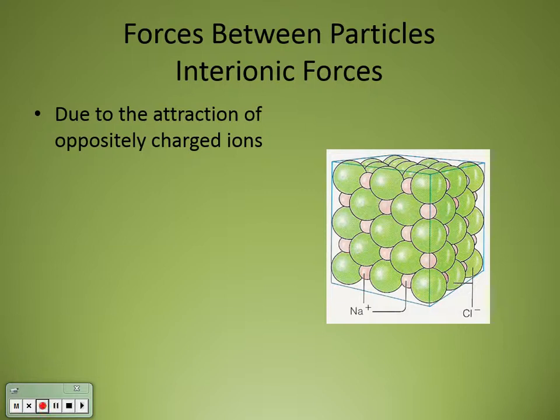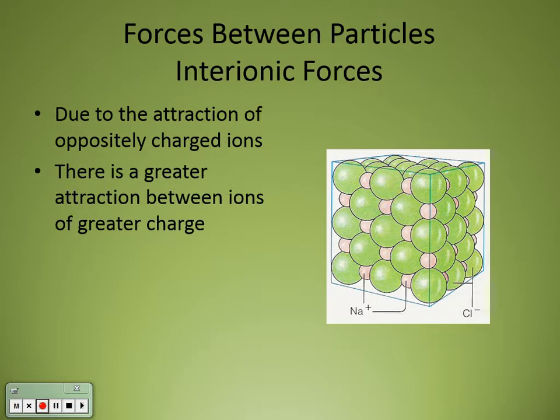Negative and positive. The negative one is the anion, and the positive one is the cation. So interionic forces are the attraction of cations to anions. There is a greater attraction between ions of greater charge.